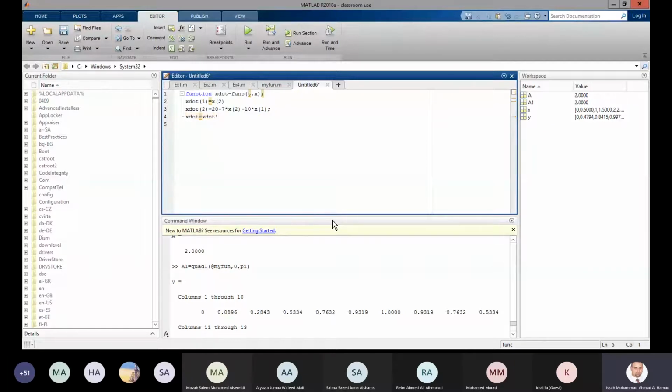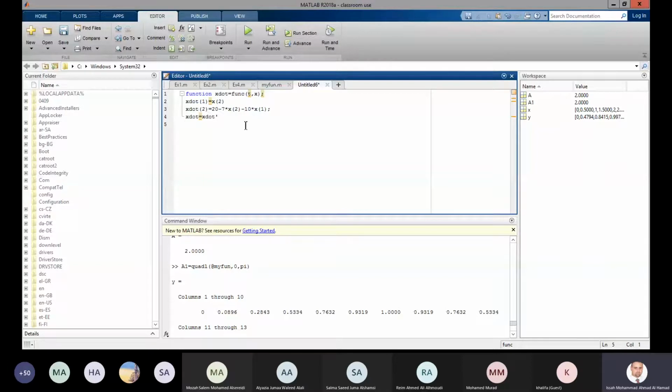Okay, why did we do this? You will find out later once we do the ODE45 that x dot needs to be a vector, not an array. So this is an array, it should be a vector. We just converted from array into vector, so it is only a transpose. If x dot was 1, 2, 3, 4 as an array, now it will be converted from a horizontal array into a vertical vector.